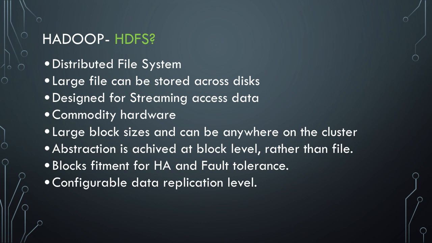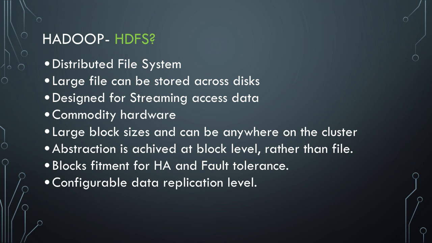The configuration on data replication is by default 3, which means each block is stored in 3 different locations. Of course, this is configurable. If you want a very high replication factor, you can increase it.